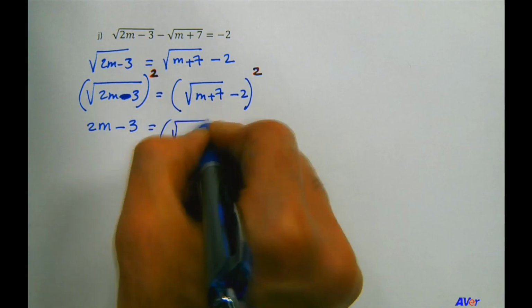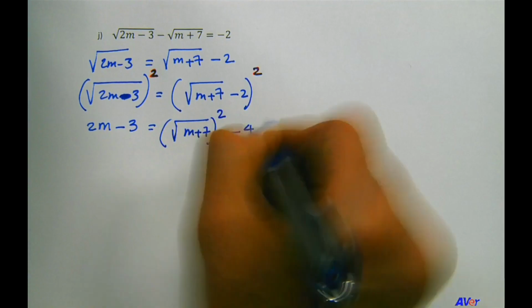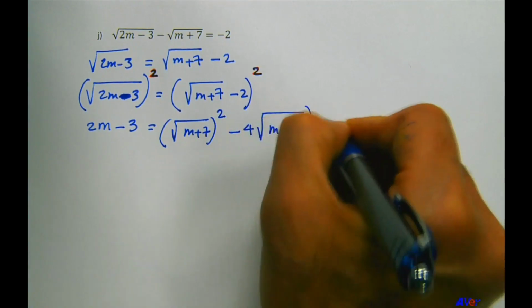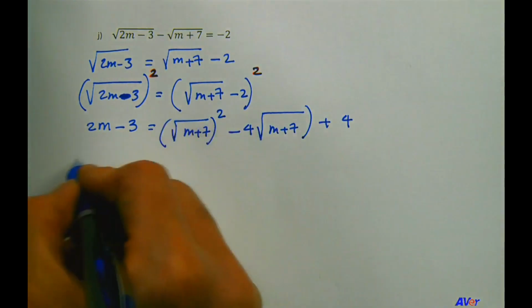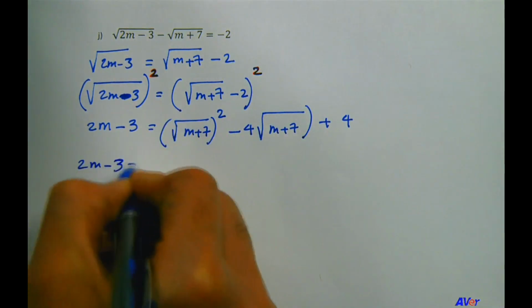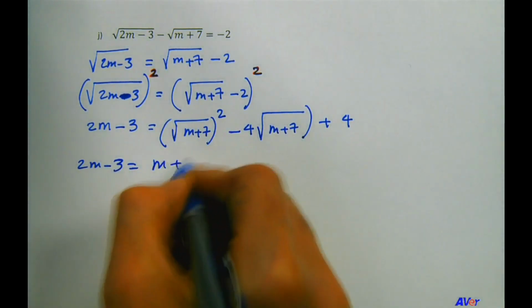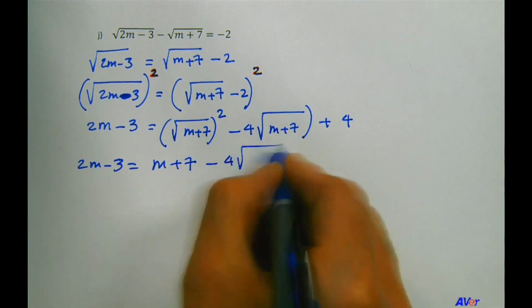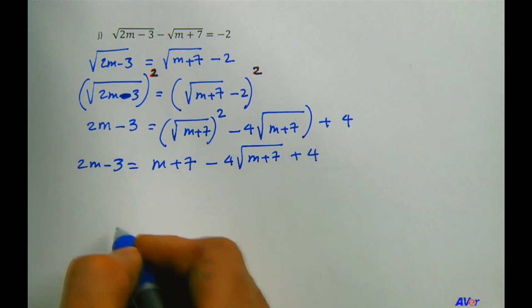So it will be square root of m plus 7 squared minus 4 times square root of m plus 7 plus 4. Okay, let's simplify that. We have 2m minus 3 on the left. This one simplifies to m plus 7. Then we have minus 4 times square root of m plus 7 plus 4.